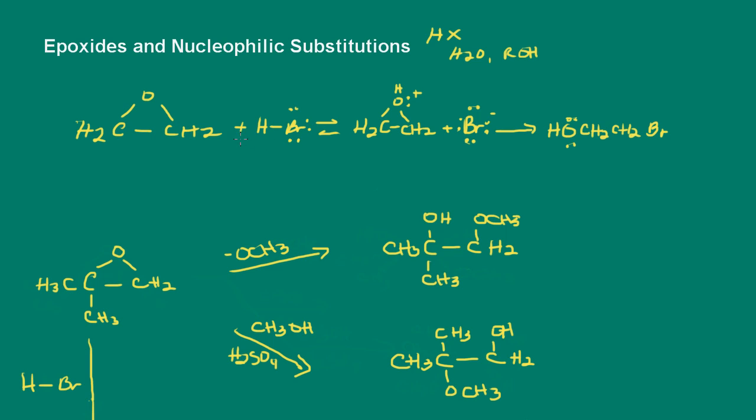And we have protonation of the epoxide. And in this case here, we're going to use hydrobromic acid. Okay, so there's protonation of the epoxide. Of course, this bond breaks and the electrons stay with the bromine. And so we end up with the protonated epoxide and the bromide ion.